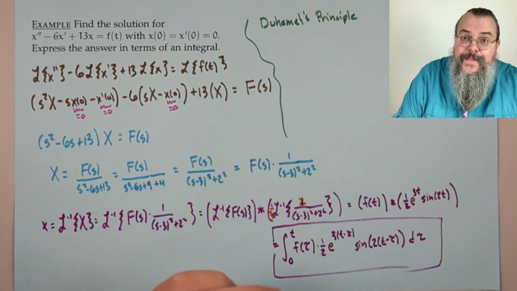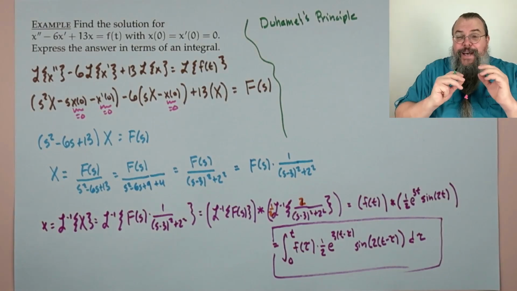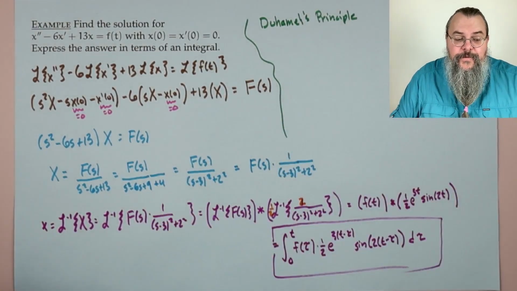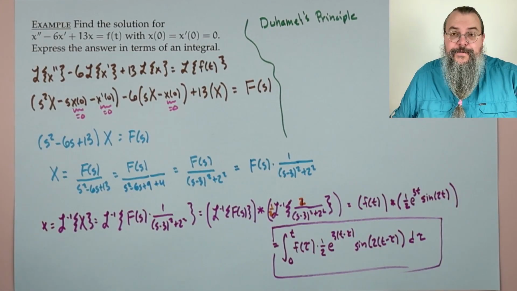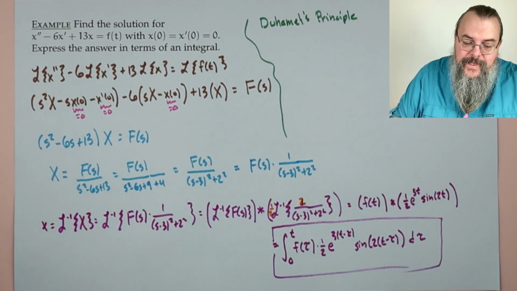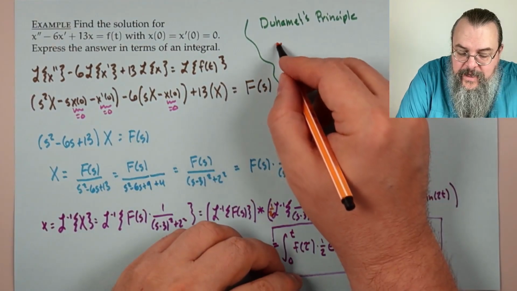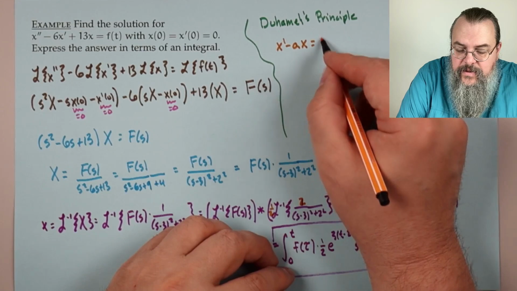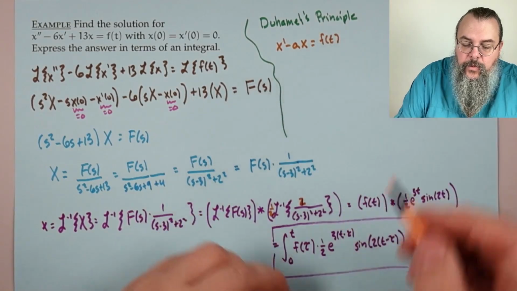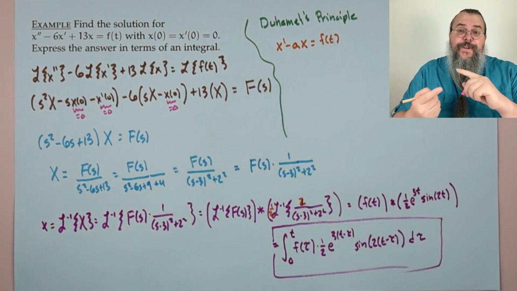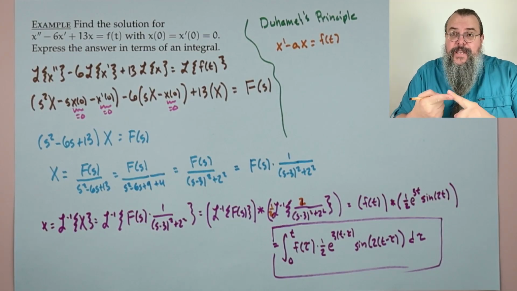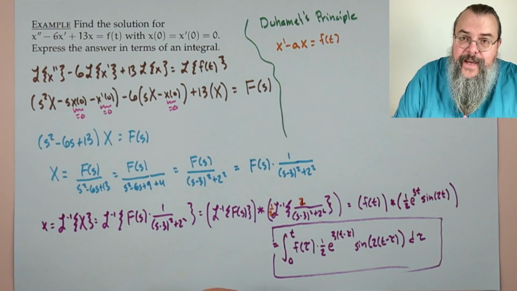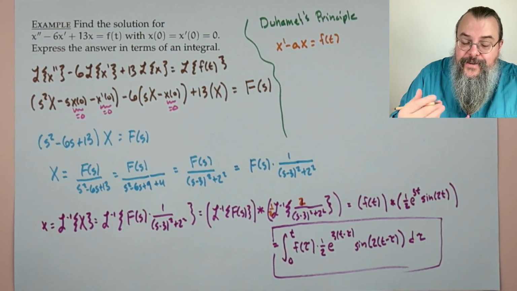So let's think back, way back. We're having so many flashbacks today to when we first started doing first order differential equations. So if you remember that, you had x prime minus, let's say, ax is equal to f of t. Well, how would you do this? You'd find the integrating factor, which would be e to the minus at, multiply both sides by the integrating factor, integrate, solve for x.